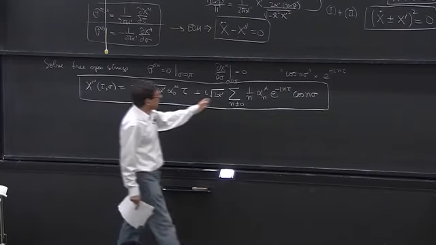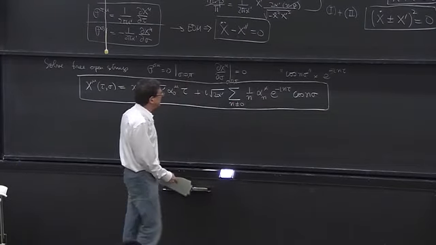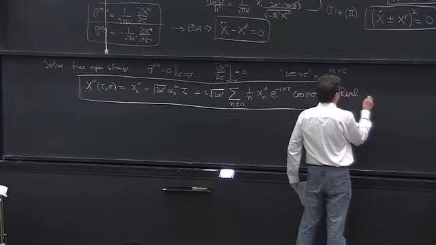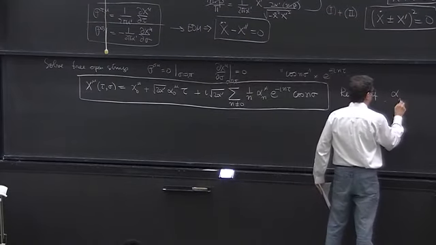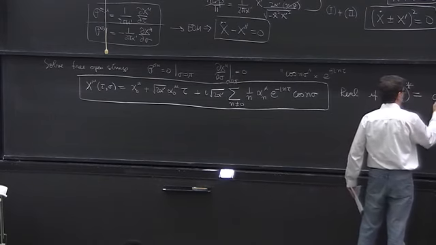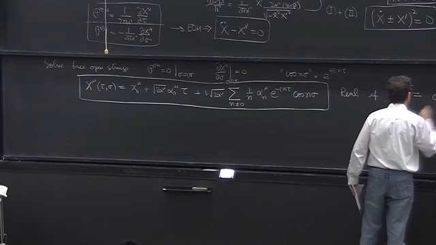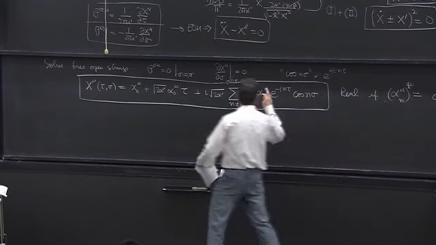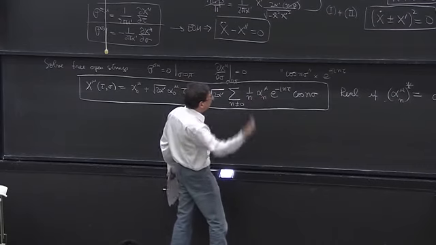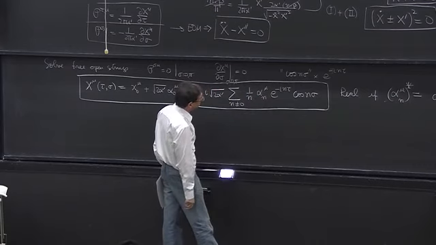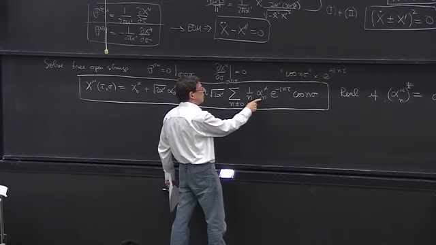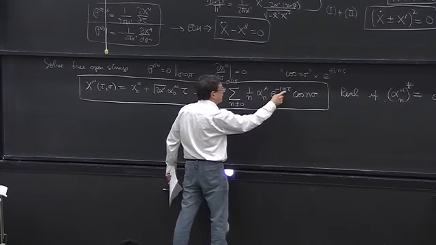Well, this term must be real, and it can be guaranteed that this term is real if alpha n mu star is actually equal to alpha minus n mu, which we will assume. Because if you take the complex conjugate of this, it will become a minus n.